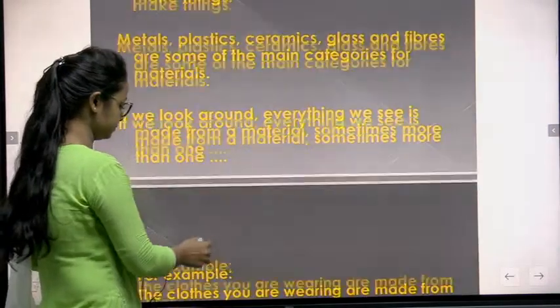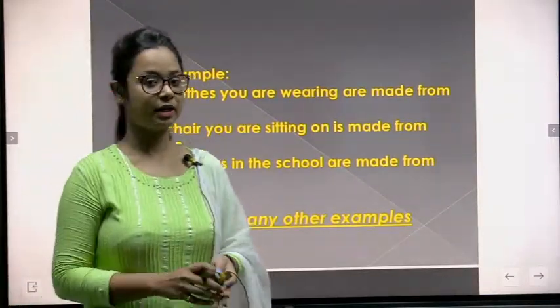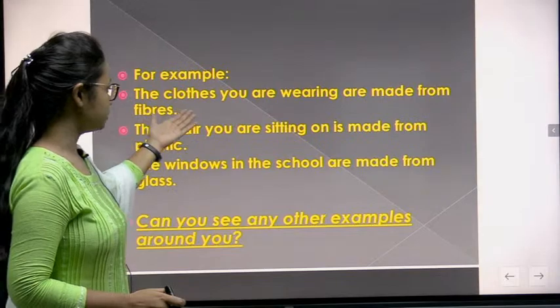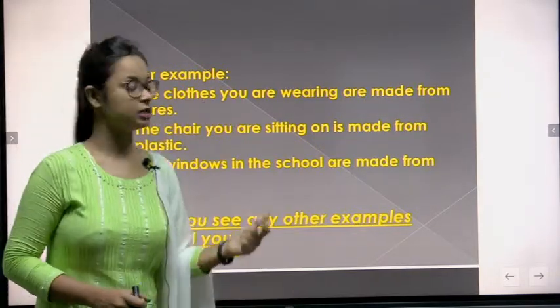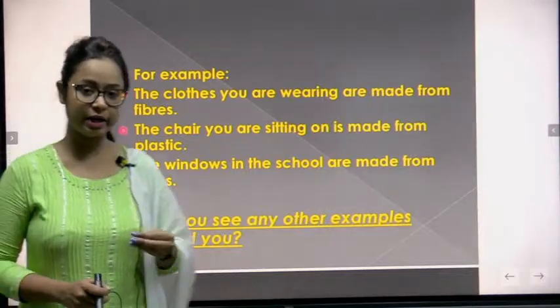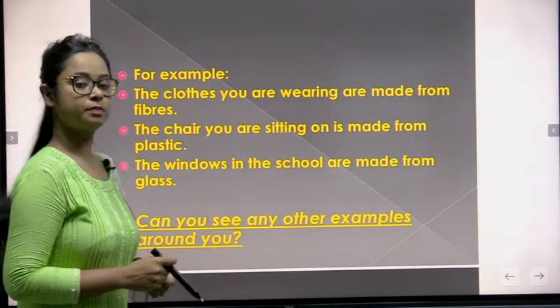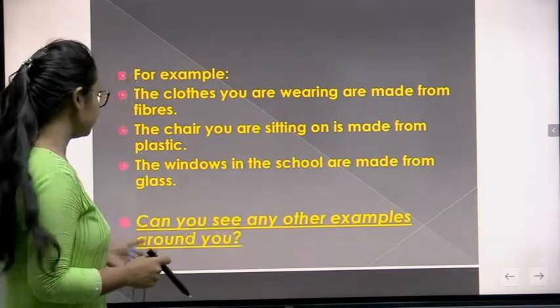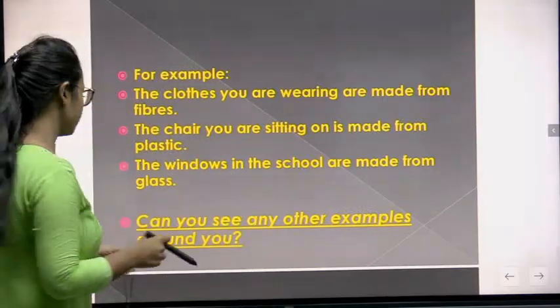These are the examples I have given you: the object, and the fiber is a material. So the clothes you are wearing right now are made up of fibers. Secondly, the chair you are sitting on is made up of plastic. The windows in your school or in your homes are made up of glass.